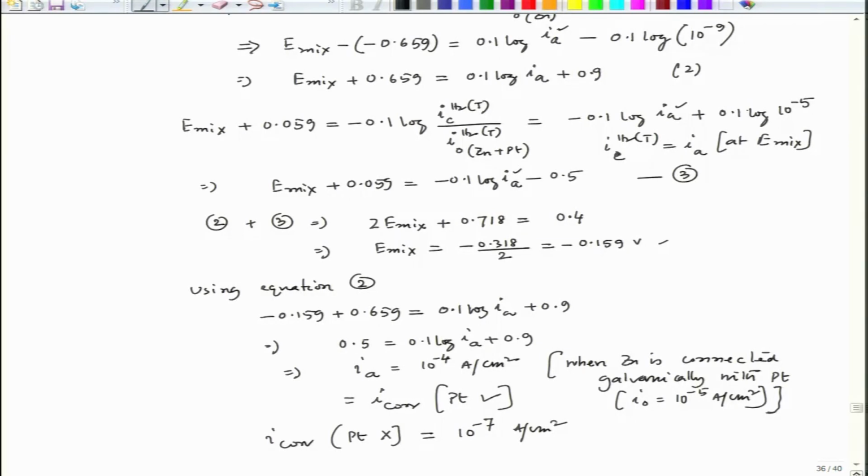So, there is an order of magnitude increase in the corrosion rate when an active metal is connected to a noble metal with much higher exchange current density of hydrogen evolution on that noble metal surface, and also the E mix moves up.